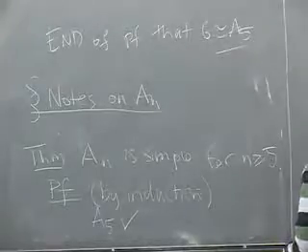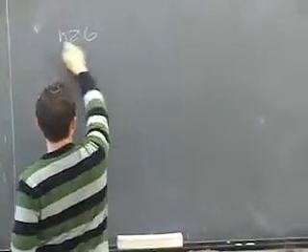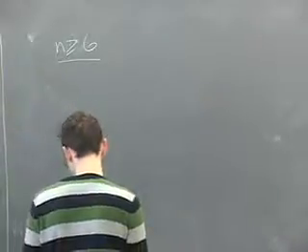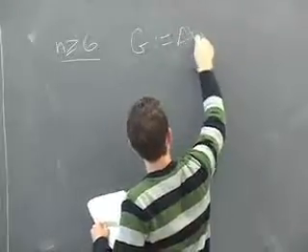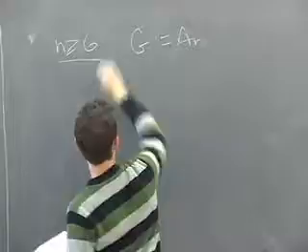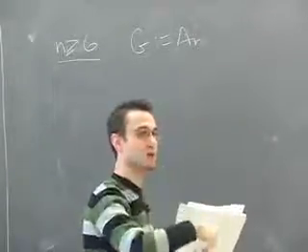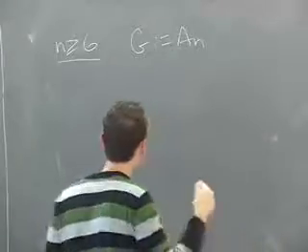Okay, so we've done the base case. Now, what about n greater than or equal to 6? I'm just going to write G equals A_n because I'm going to want to talk about stabilizers of something. The usual stabilizer notation has a subscript, and I can't have an additional subscript with A_n without it looking totally gangly.